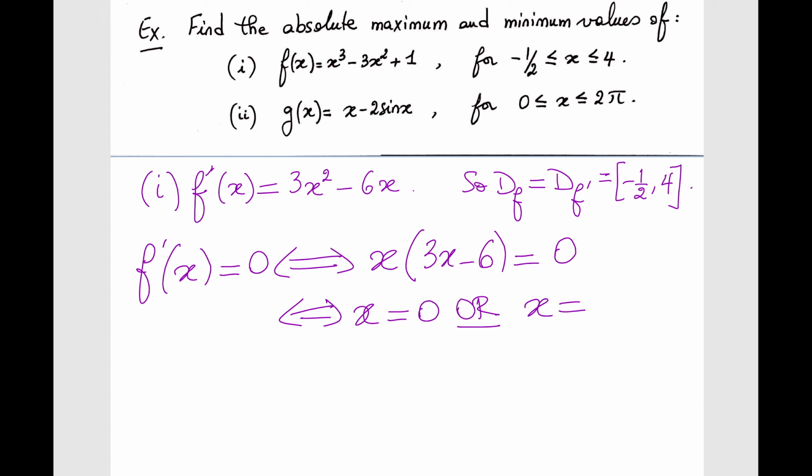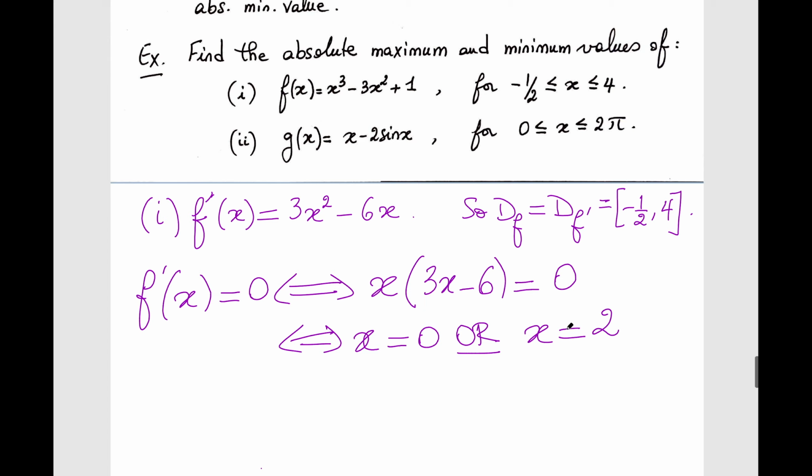So these are the critical numbers in this case. So local extrema are going to occur at 0 and 2. Now I still need to check the value of the function f at the endpoints and see if any of them is going to be lower than any of the two here, or higher than any of the two here.